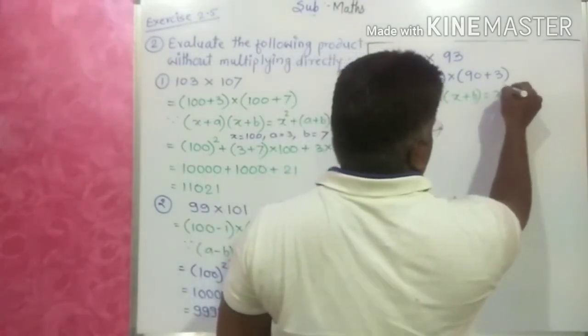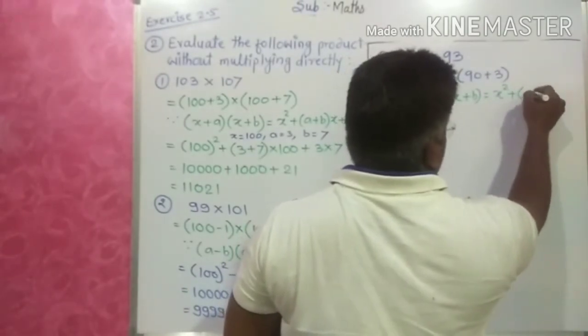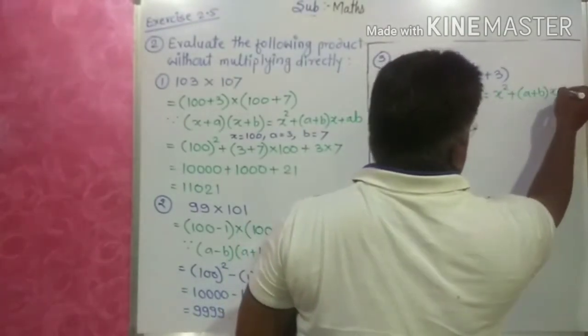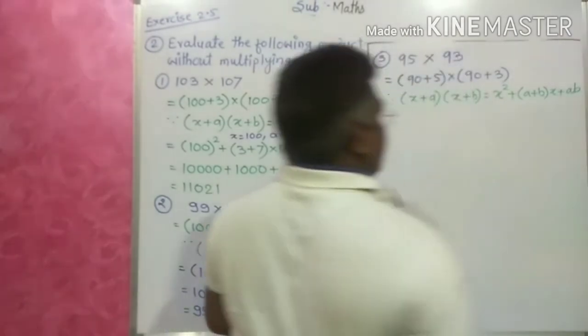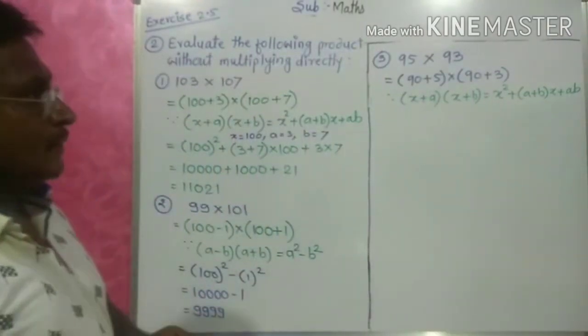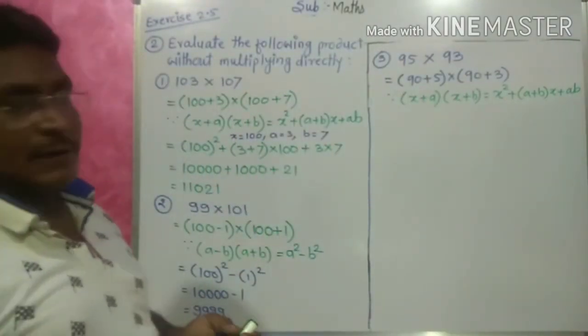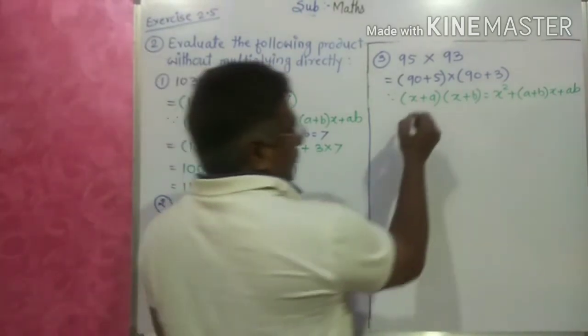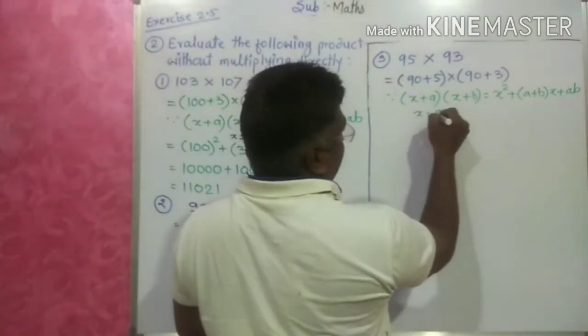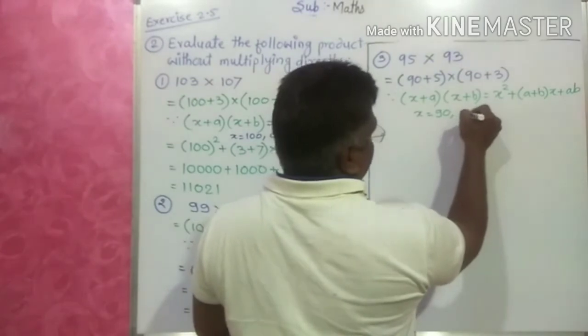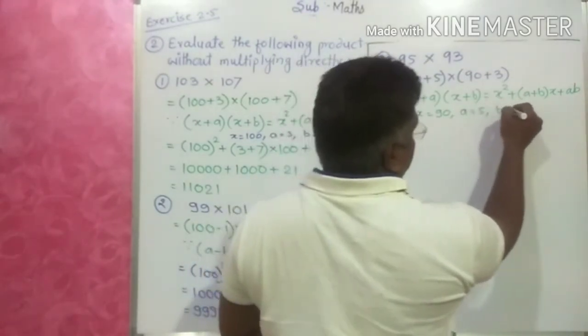What will we get? x square plus (a plus b) into x plus ab. So substitute the values here. First write x equals to 90, a equals to 5, b equals to 3.